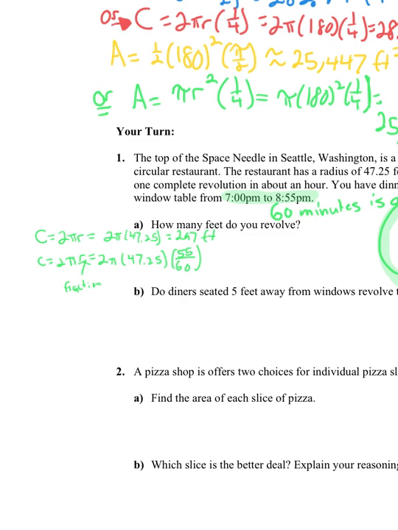That's what I would use to represent the part of the revolution that I completed. And that would give me another 272 feet. And then I can do 297 plus 272, and that would give me 569 feet. That's one way to approach this type of problem.